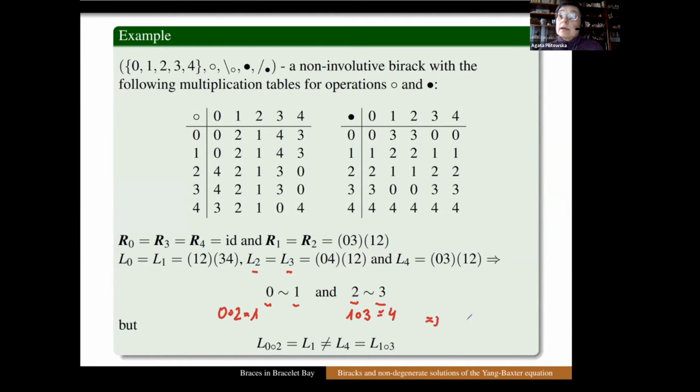So 1 is not in congruence with 4. So it proves that this relation is not a congruence of this non-involutive Birack.